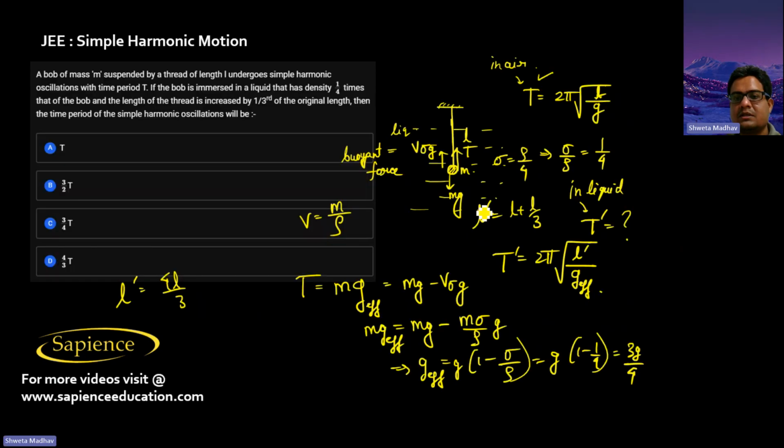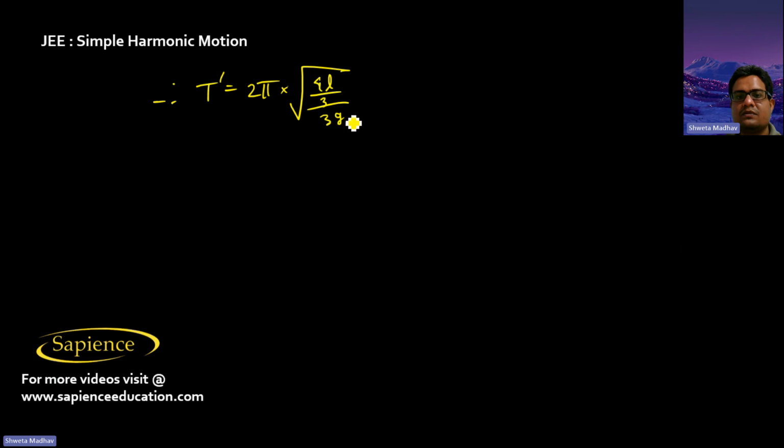So the new time period T' is equal to 2π√(L'/g_effective), that is, 4L/3 divided by g effective, which is 3g/4.